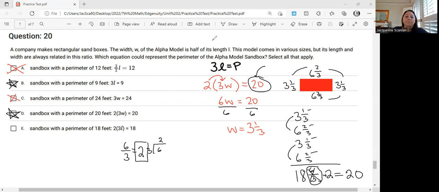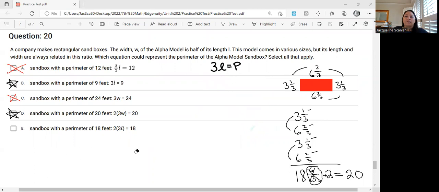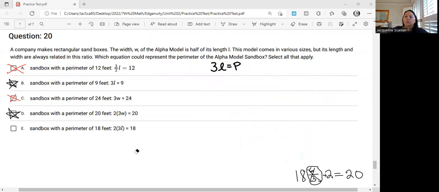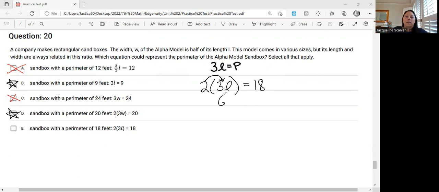Last one. All right, so the last equation that I'm testing is 2 groups of 3L equals 18. So I'm going to distribute or multiply. 2 times 3 is 6. 2 times 3L is 6L.